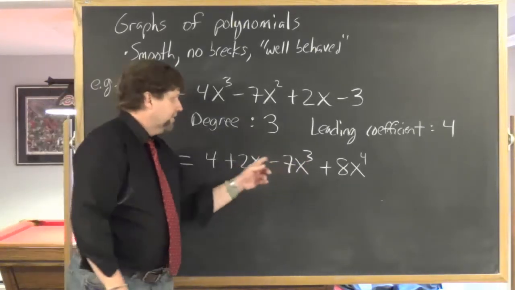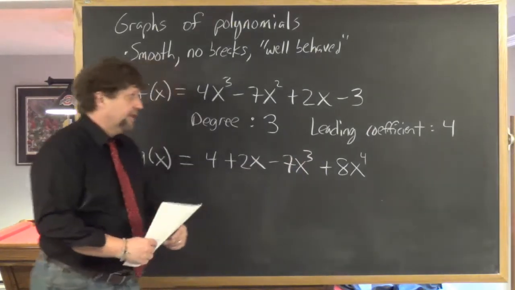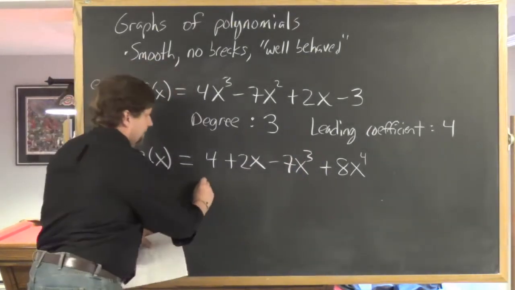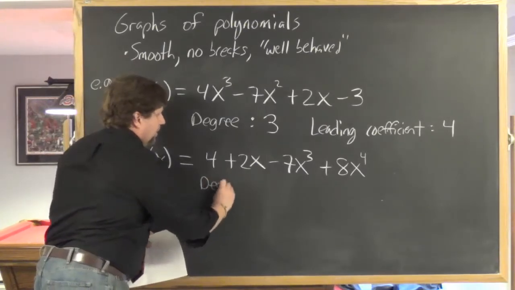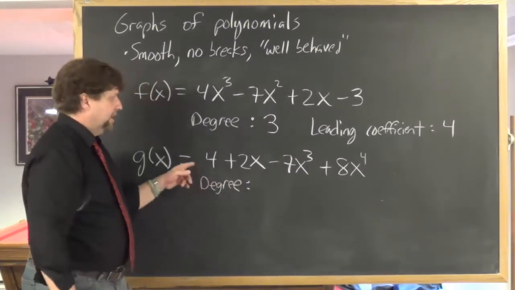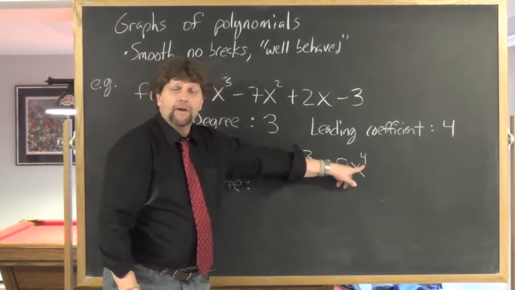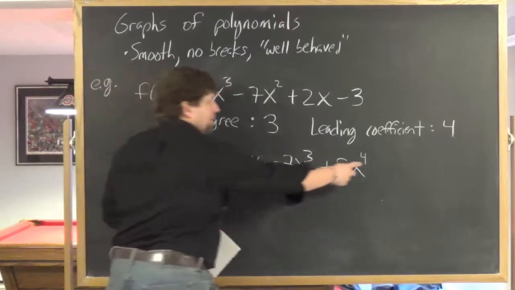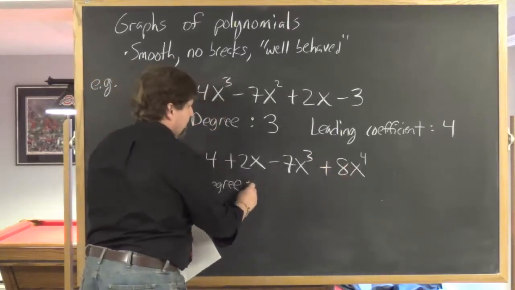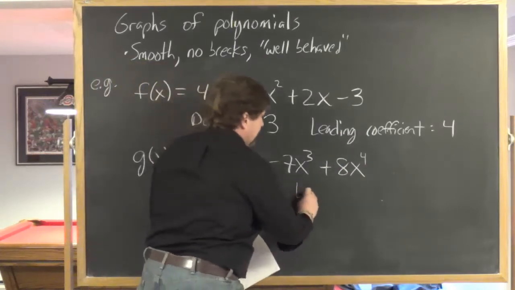All my variables' exponents are positive integers, so it's a polynomial function. So now I need to determine the degree. I'm looking for the largest exponent on the variable. Boom. The degree is 4. So the largest exponent's 4. The degree is 4.